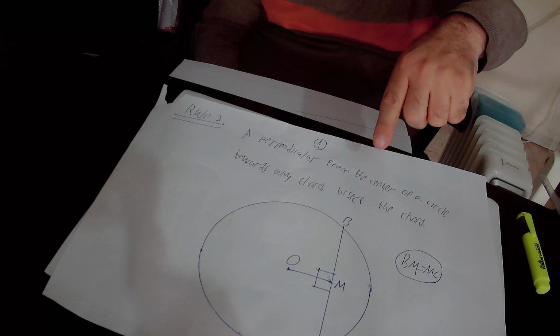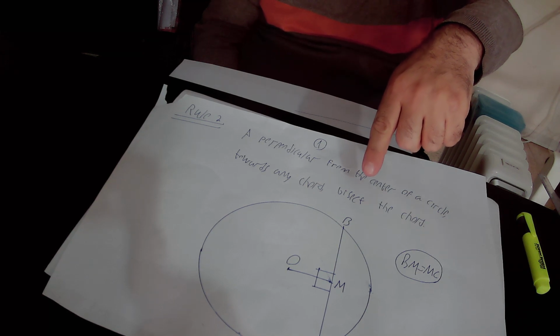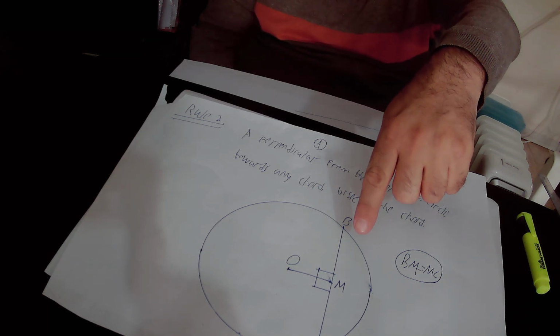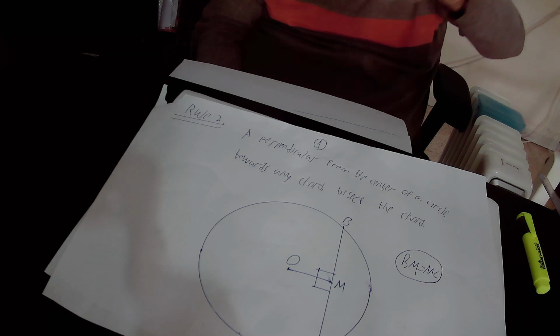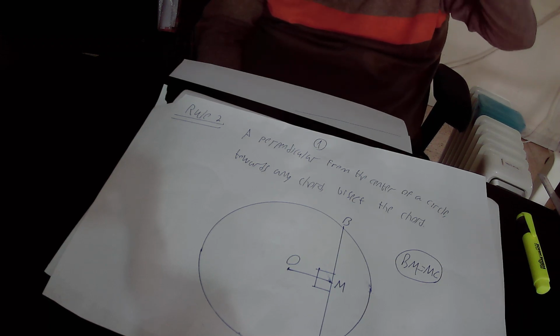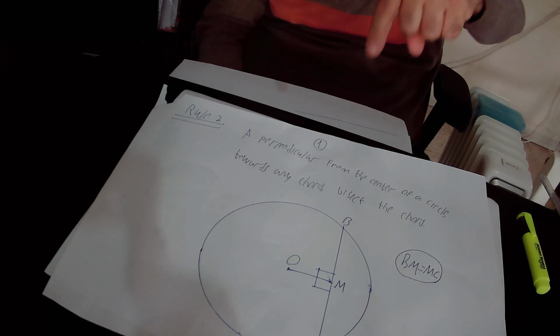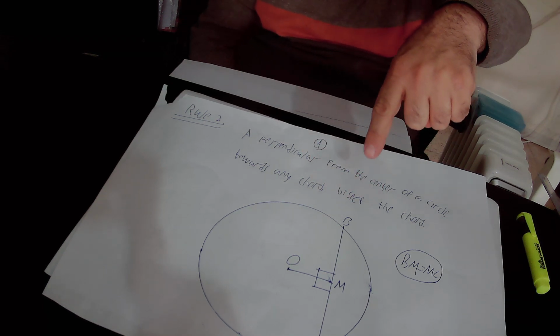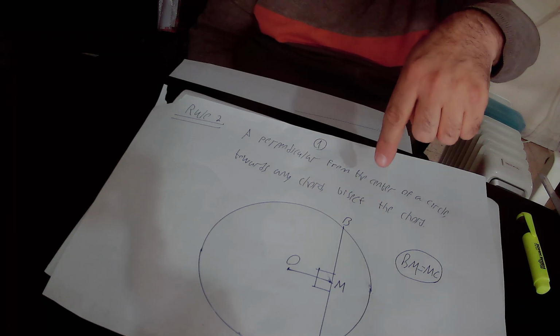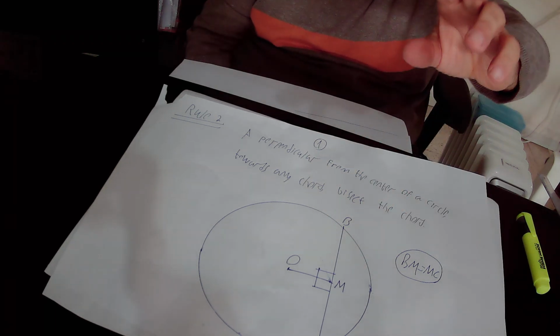So the first half will be BM and the second half will be MC, or BM equals MC. So whenever you draw a perpendicular from the center of the circle towards any chord, it will bisect the chord. In this case, the perpendicular OM bisects chord BC, therefore BM equals MC.